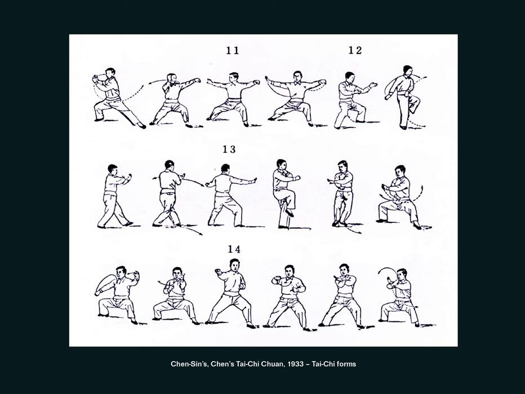These are some Tai Chi stances from Chensin's Tai Chi Chuan from 1933. And this is the same person executing the Tai Chi postures, sweeping their arms, sweeping their legs, going into different stances.